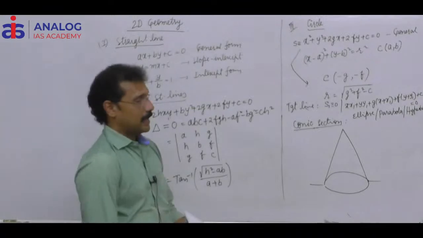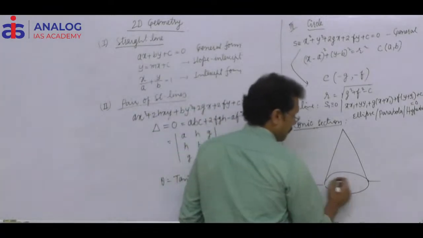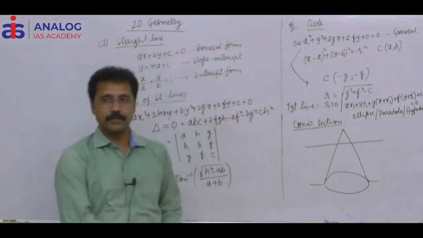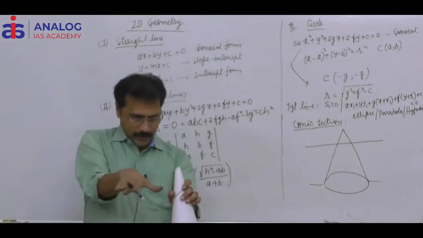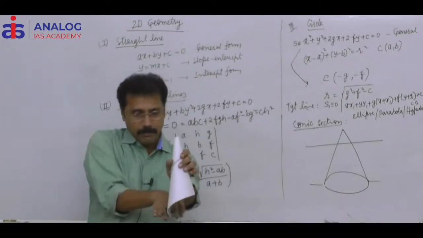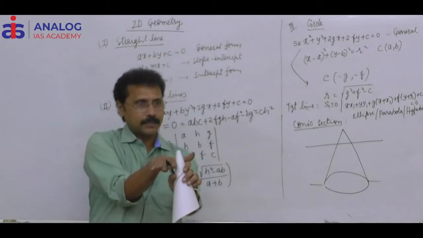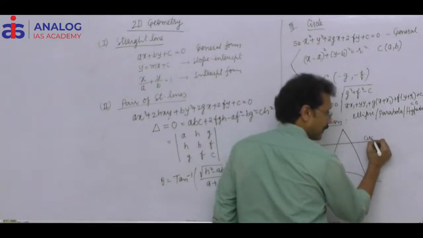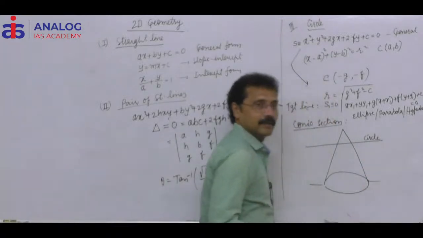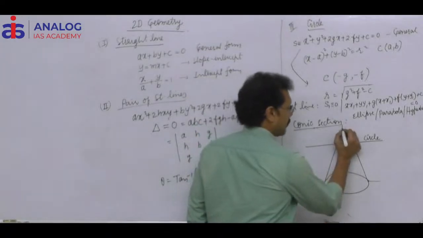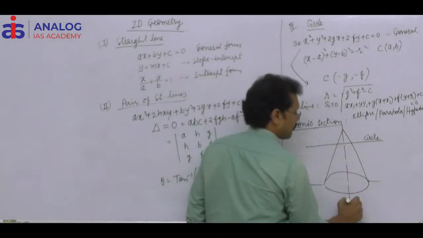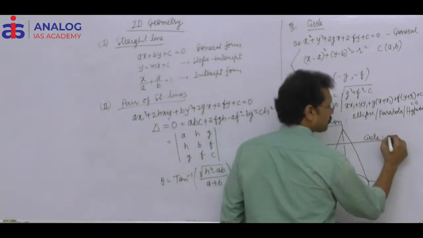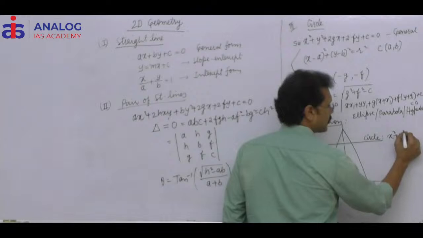If I intersect this cone with another plane parallel to the base circle, what we get here is a circle. The center of the circle would be on this axis. If that is the origin, it looks like x square plus y square equal to r square.